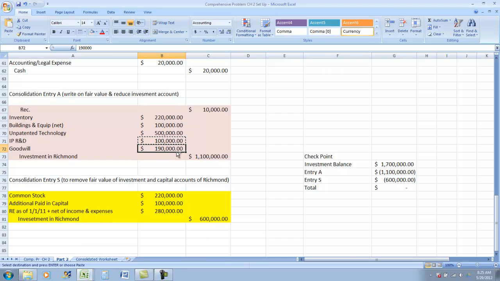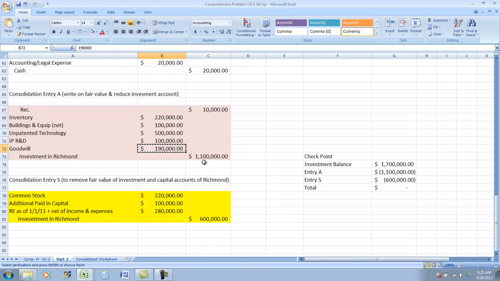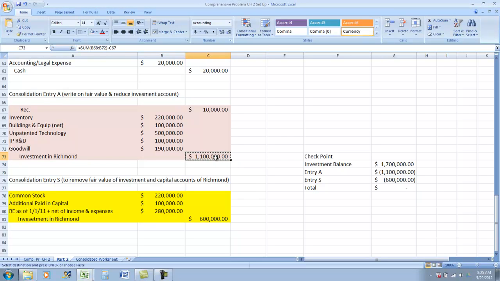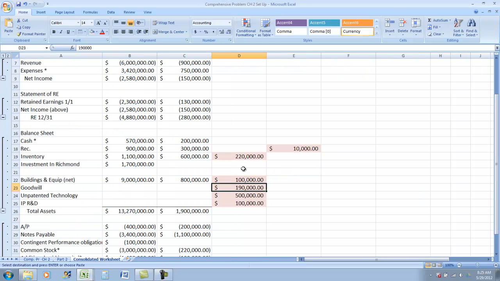And then I'm going to debit goodwill for $190. And then I'm going to credit investment in Richmond.